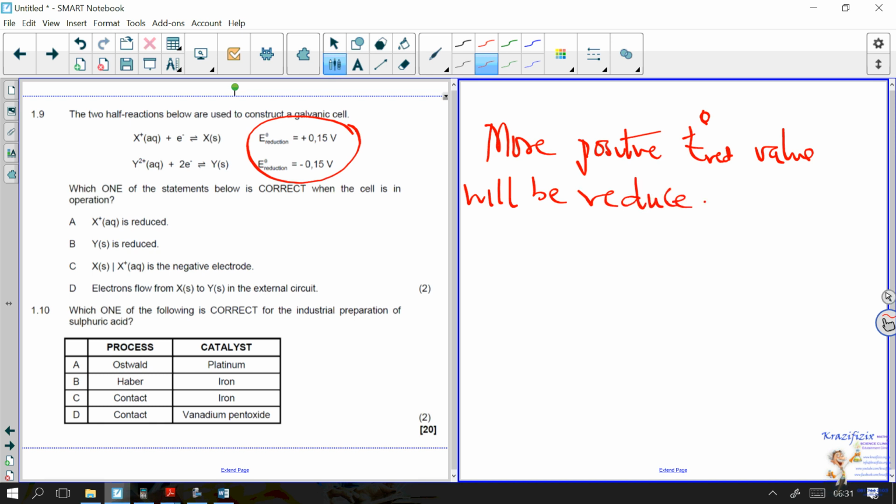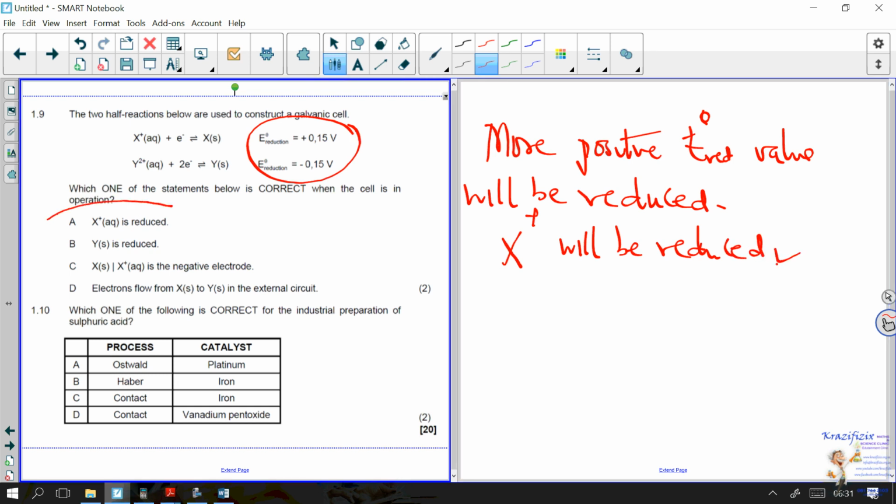So which one has more? X is more positive, so automatically X plus will be reduced. We've answered that already. 9A. That's very simple to answer there. This one here will be oxidized. This is oxidation.